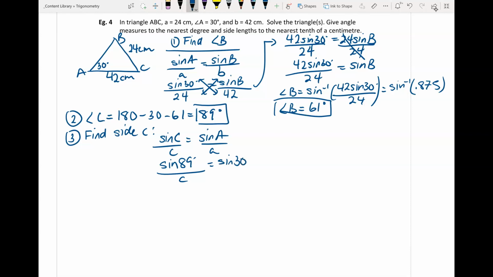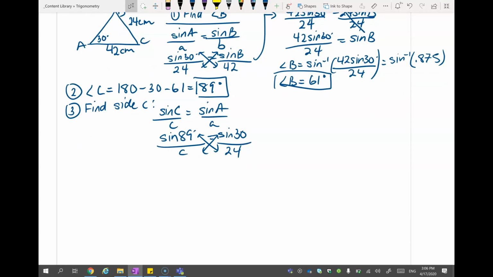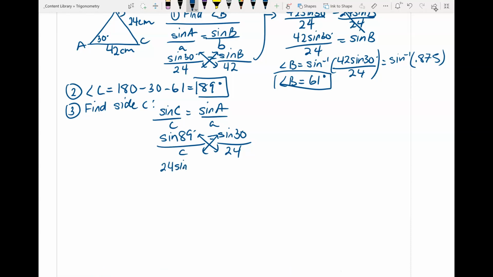Angle A is 30, side A is 24. That's 24 sine 89 degrees is C sine 30. And then lastly, we divide both sides by sine 30 to get C by itself. You put this in your calculator and you should get 48 centimeters.